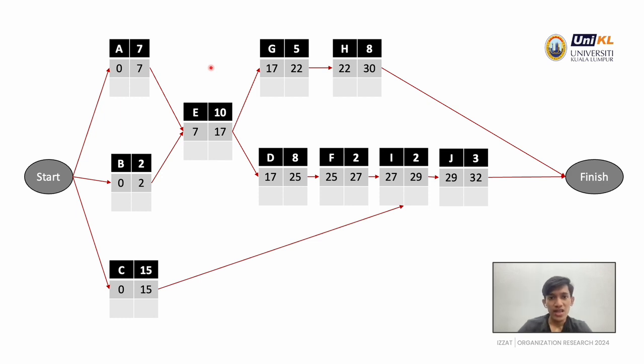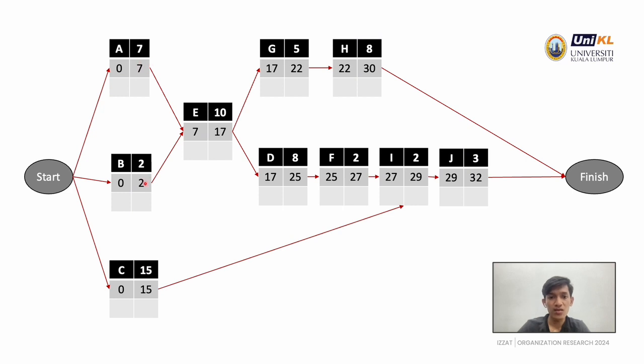For the next activity, as you can see, after activities A and B finish, they will go to the same activity, which is activity E. So for the dependency table, to find the earliest start, we need to find which connected activity has the max number for earliest finish.